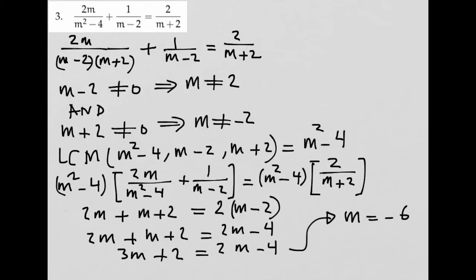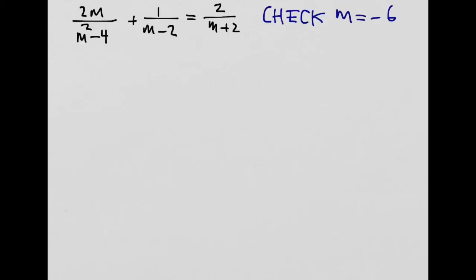We need to check if m equals minus 6 is indeed a solution to our rational equation. So we have our equation, 2m over m squared minus 4 plus 1 over m minus 2 equals 2 over m plus 2, and we want to check if m equals minus 6 is indeed a solution.